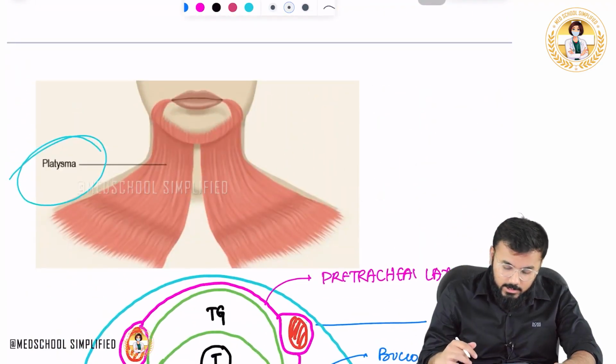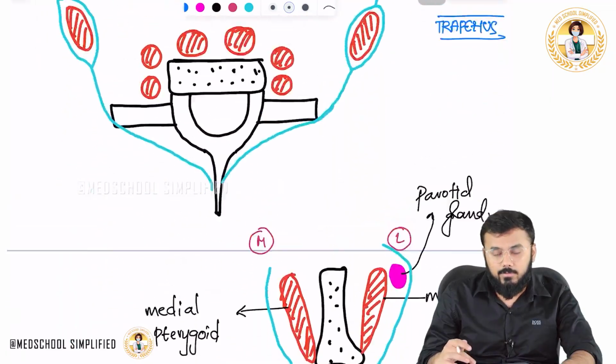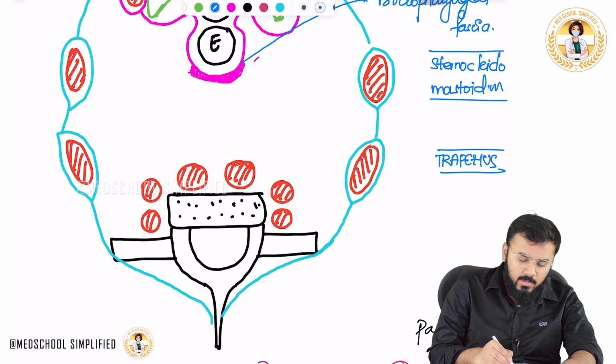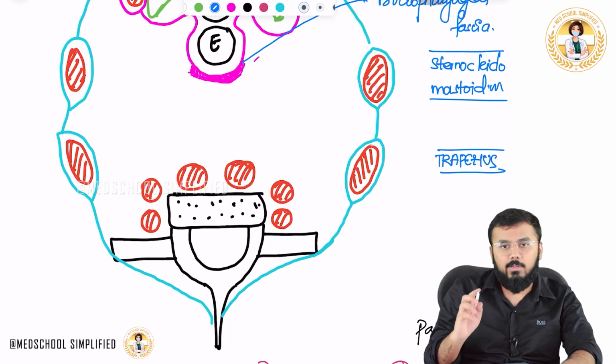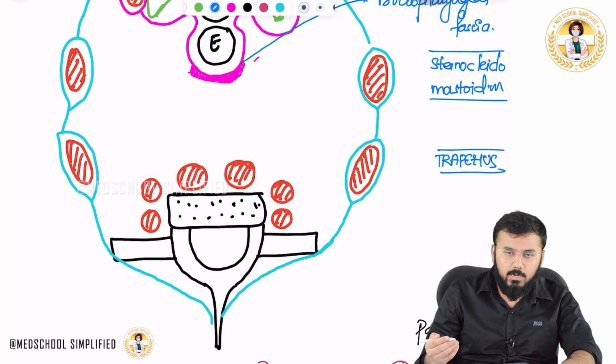And next, the next important fascia is your prevertebral fascia. Where is this prevertebral fascia? To understand it, you should know one very important thing: this prevertebral fascia has two important layers. One is called the alar layer, another is called the prevertebral layer.